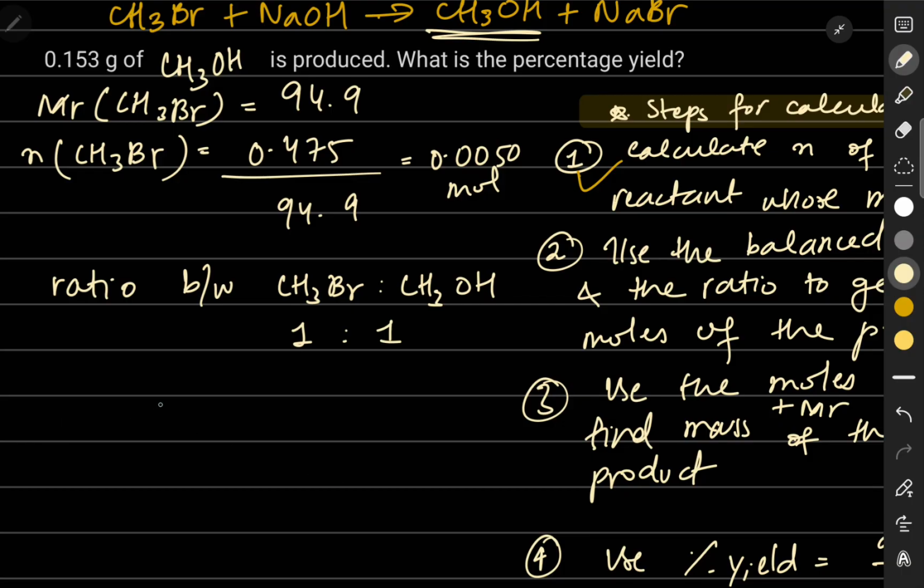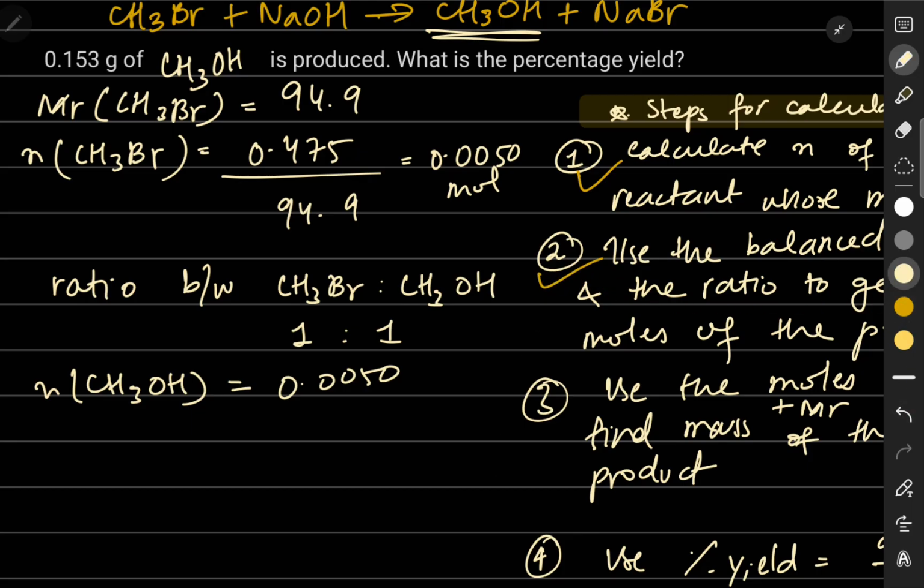If the ratio is 1:1, then it means the number of moles of CH3OH is the same as the number of moles of CH3Br. So 0.0050 moles of CH3Br will produce 0.0050 moles of CH3OH. So this we're going to write here. So we have the number of moles of the product using the balanced chemical equation. So we're done with the second step.